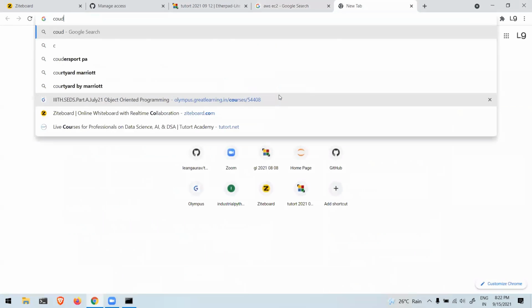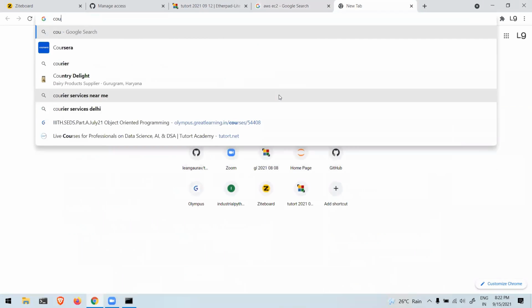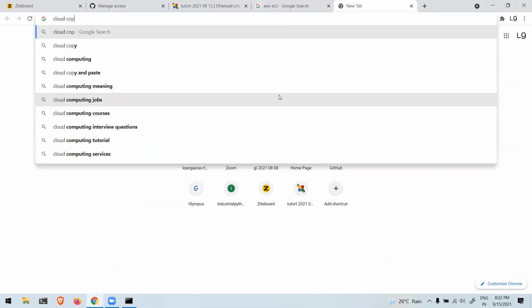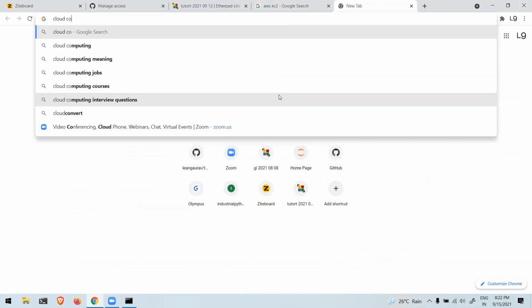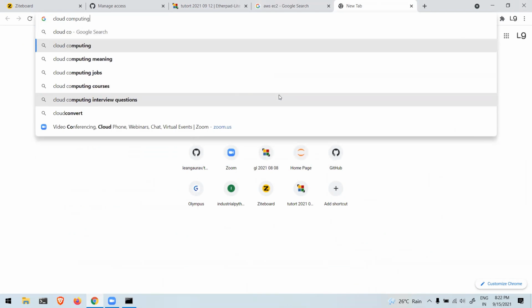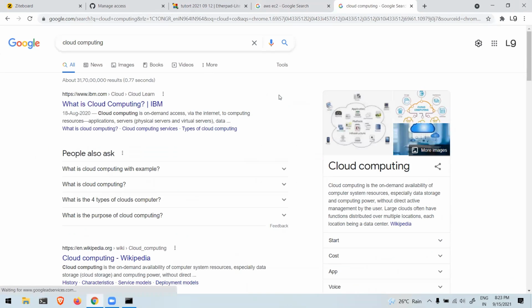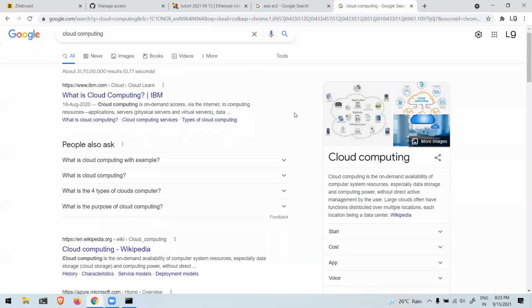Cloud. Yeah, I heard of cloud. Cloud computing. Yes, or cloud, simply. You heard? Yeah. All right. Arjun, what about you? Yes, heard of it. Sure. You have heard of this thing? Cool.